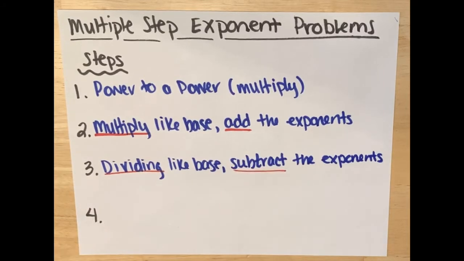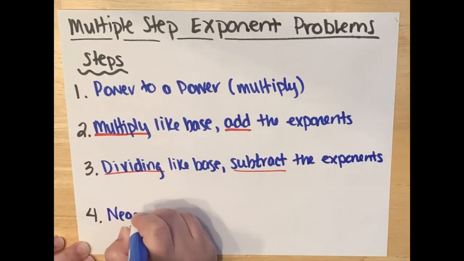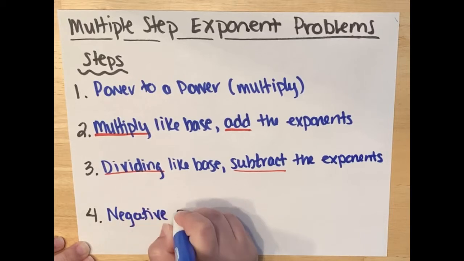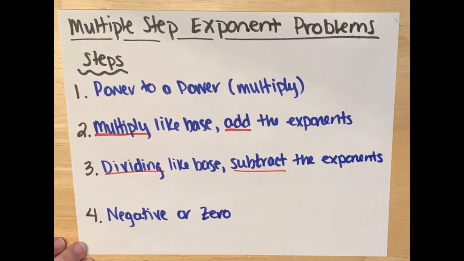And then once I've looked for all of these in this order, the last thing I'm going to look for are any negative exponents or zero exponents. If I have any of those left over at this point, I'm going to clear them out. Remember, if you have a negative, like b to the negative 2, that would equal 1 over b squared.